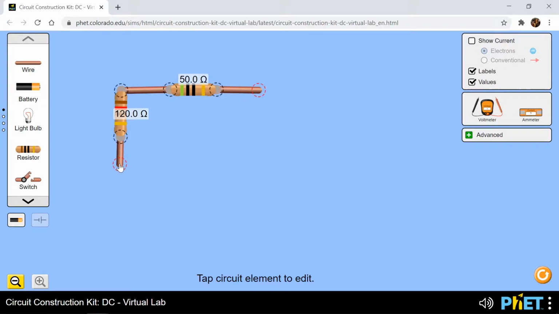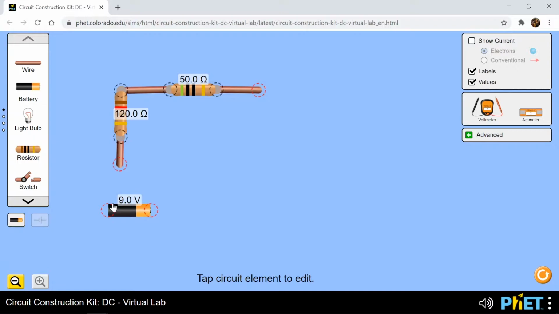So I'm going to add in the first one, which is V alpha. So the Greek letter alpha is our first battery. And I want to be careful to add the battery with the correct polarity. So on a standard battery, you would normally see the little tab at the top and this gold barred end is considered the positive terminal, and then the black end is the negative terminal.